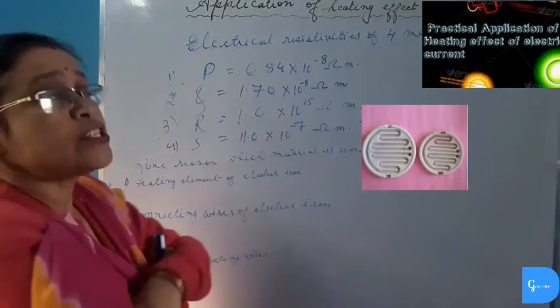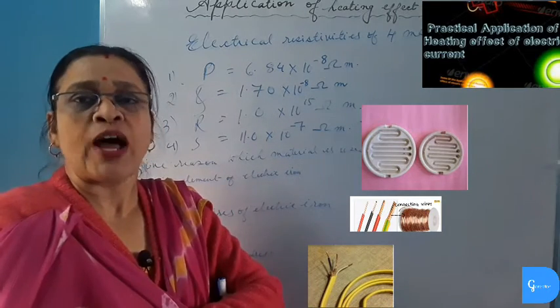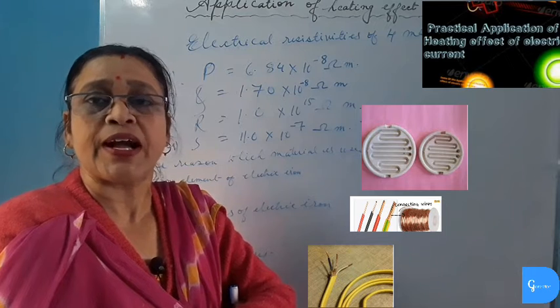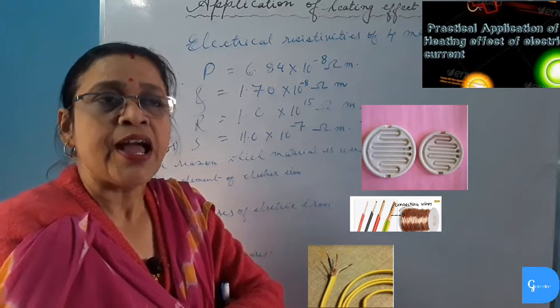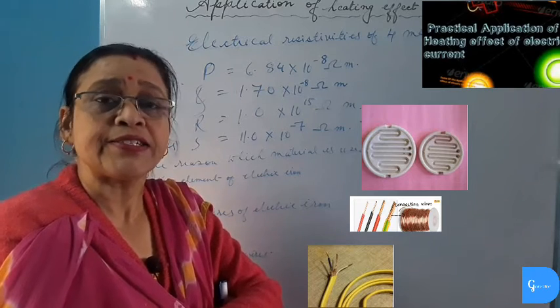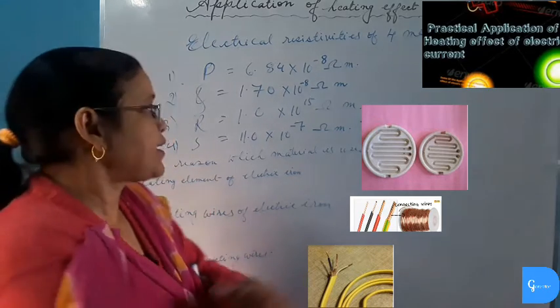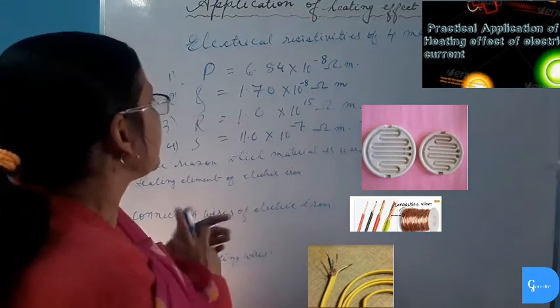We know that insulators have the highest resistance, and copper or aluminum, which are used for making connecting wires, have the lowest resistance as they are good conductors of electricity. Insulators, which have the highest resistance, are the least conductors of electricity. And nichrome is a metal alloy which is used as the heating element of an electric iron.